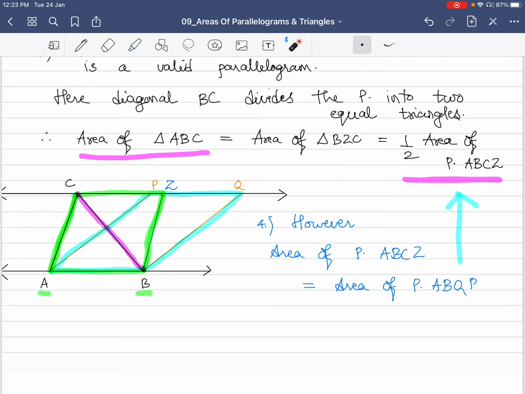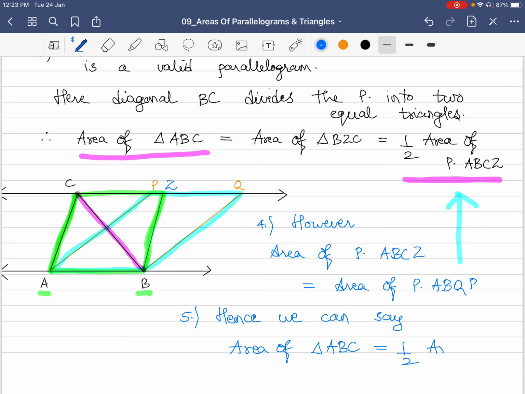Because area of triangle ABC is already half the area of this parallelogram ABCZ, but this parallelogram ABCZ is equal to parallelogram ABQP, hence we can say that area of triangle ABC is equal to half the area of our original parallelogram, which was ABQP.